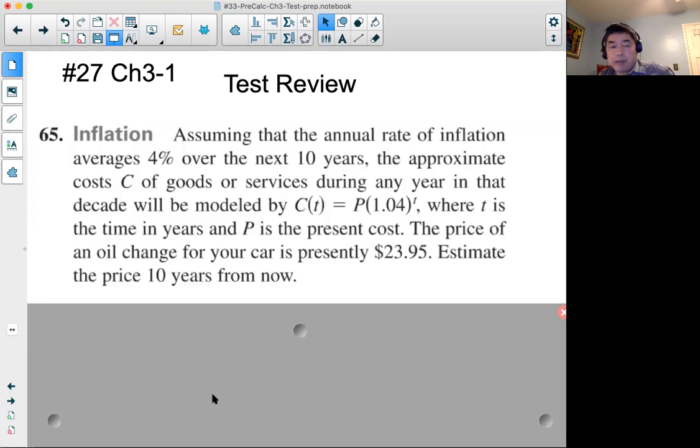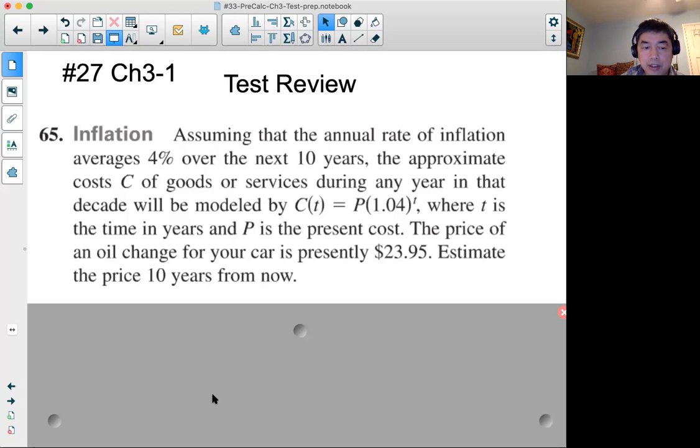Assuming that annual rate of inflation averages 4% over the next 10 years, approximate the cost C of goods or service during any year in that decade will be modeled by C of T equal to P times 1.04 to the t's power, okay, where t is the time in years and P is the present cost.